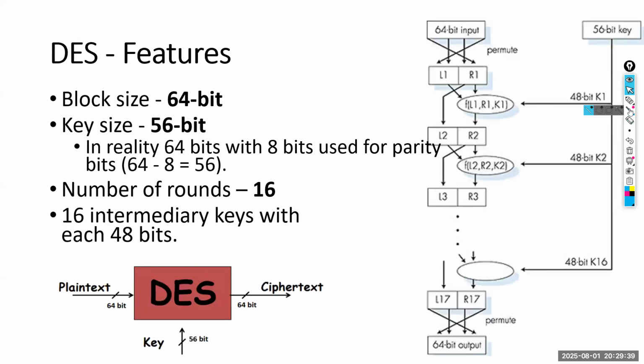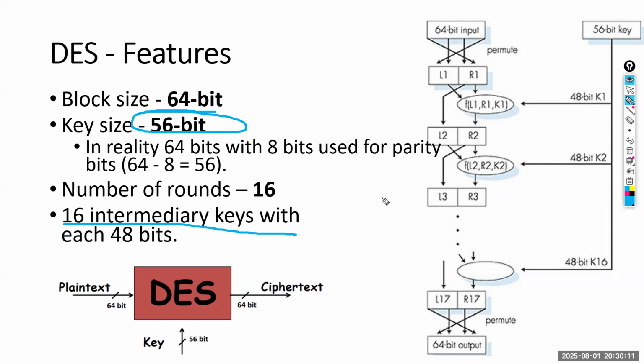Right? So that means from this key, the 56 bit or the 64 bit key, the algorithm internally generates, if it is 16 rounds, 16 different keys based on your key. 16 intermediate keys.